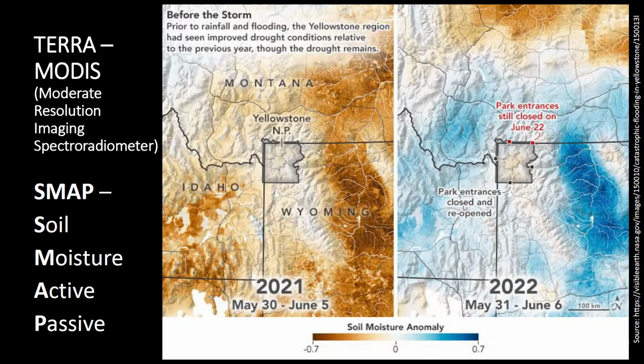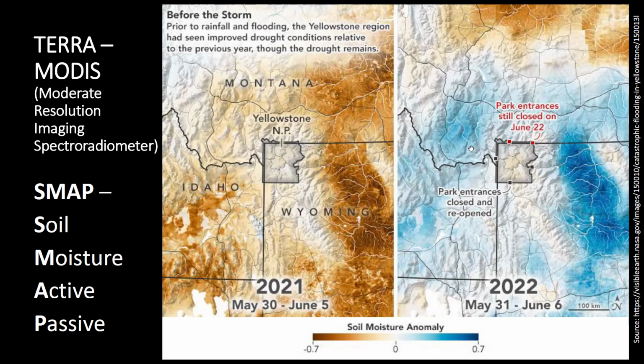The Terra MODIS and SMAP, we use these to look at storm areas before and after rain. You can look at the difference here in the year. So 2021, the drought conditions had been pretty gnarly up here in Yellowstone.